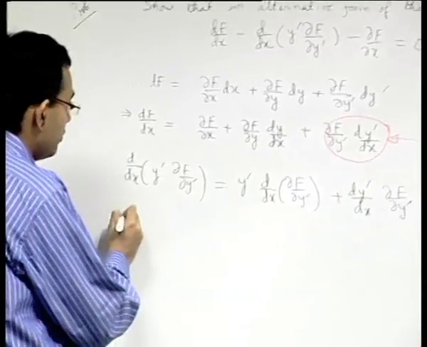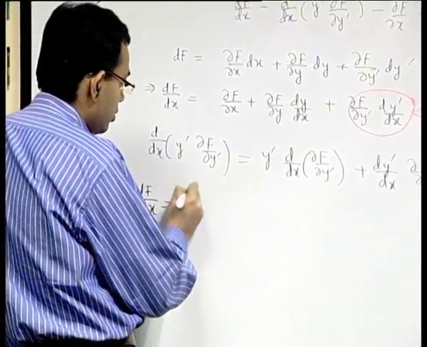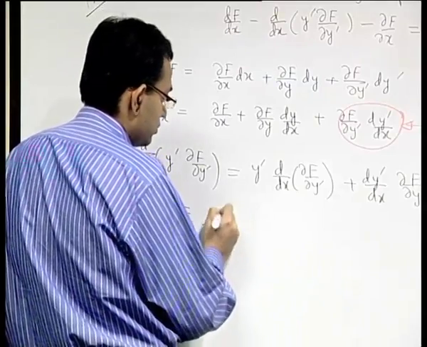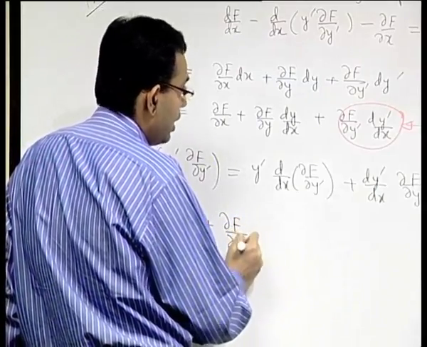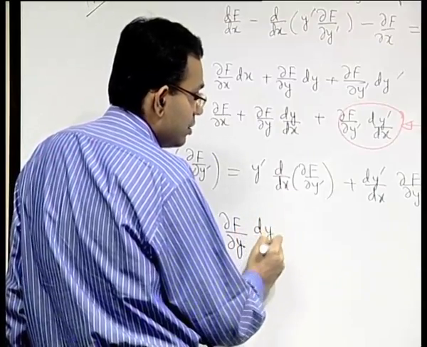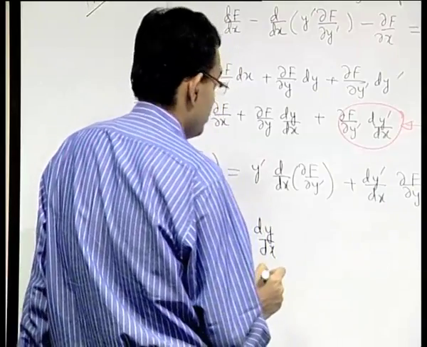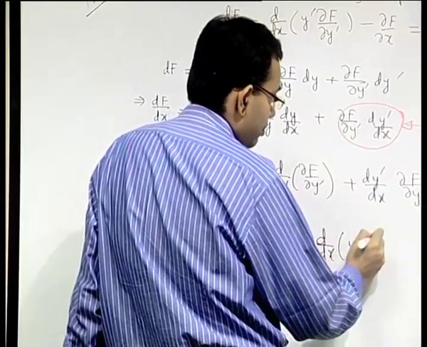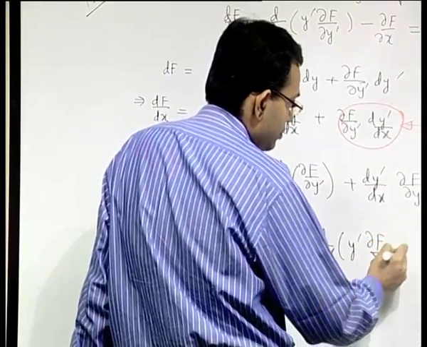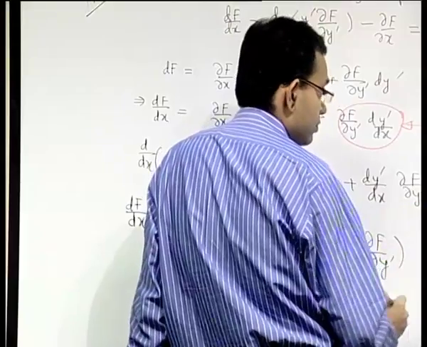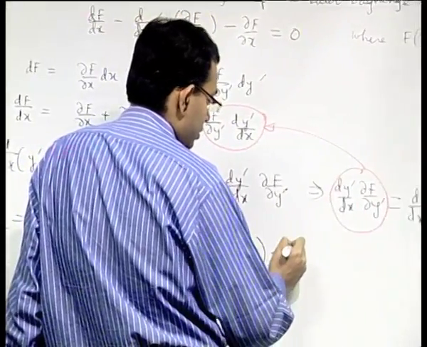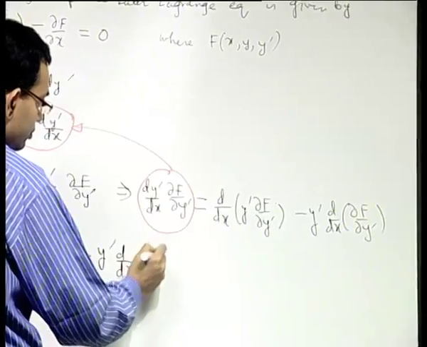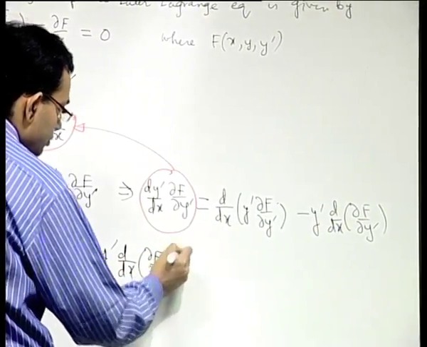We will get df dx is equal to del f del x plus del f del y into dy dx plus, in place of the last term, d dx of y prime del f del y prime minus y prime d dx of this one.